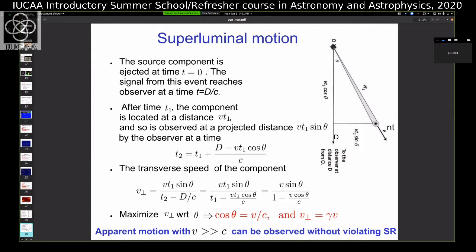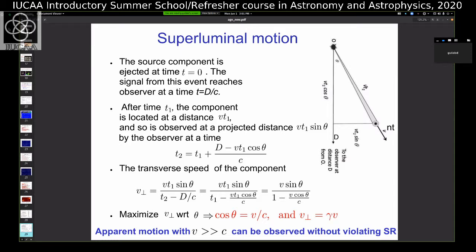Now imagine at time t1, after the blob is ejected, the component is located somewhere. So at time t equal to 0, this blob was ejected, and after time t1, this blob travels, and it is located at a distance of v times t1.